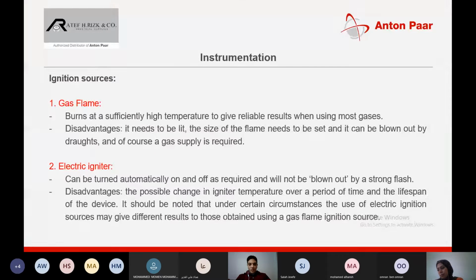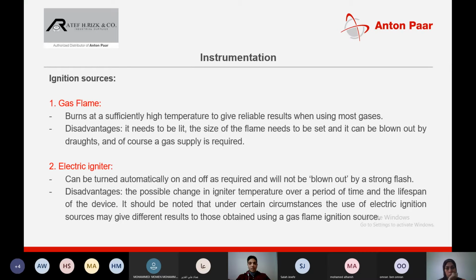All right. I'd like to say that the flash point is not a fingerprint of a sample. And as Dr. Raghda said, each apparatus can give you different results. Many studies are being used to correlate the results of the flash point for samples with different apparatus, and they are really different in terms of the flash point temperature.